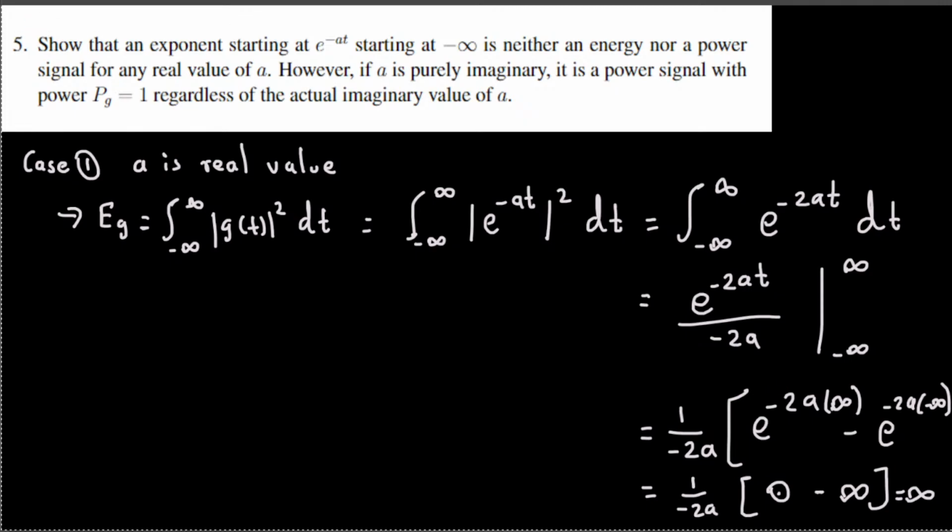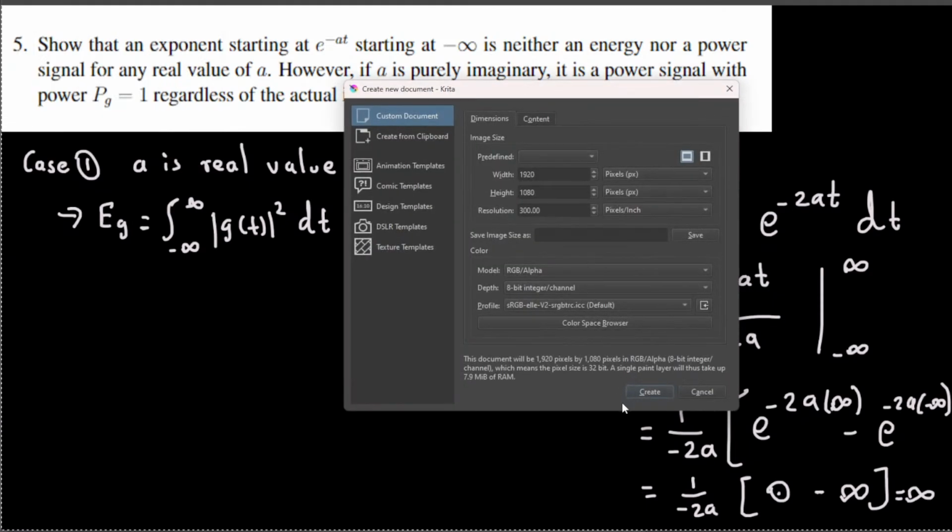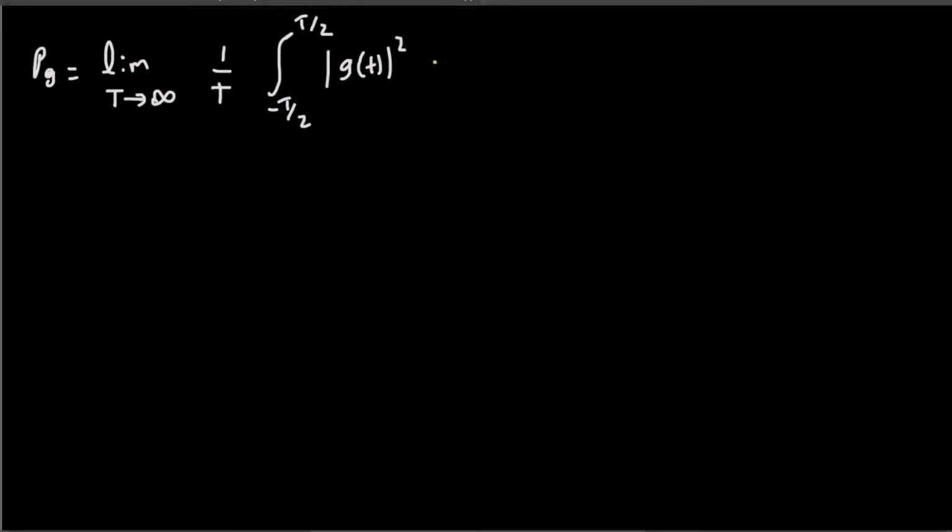Now the same thing applies to the power signal. The power equation is given by Pg equal to the limit as T approaches infinity of 1 over T times the integration from negative T/2 to T/2 of the absolute value of g squared dt.